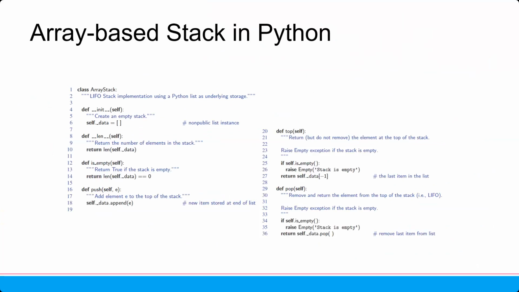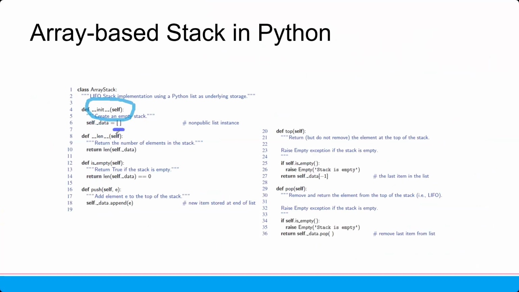This is an example of the array stack. Because this is the abstract data type with the array. We have the class ArrayStack, and then we do the construction. So we construct the data, so this is the data with an empty list.